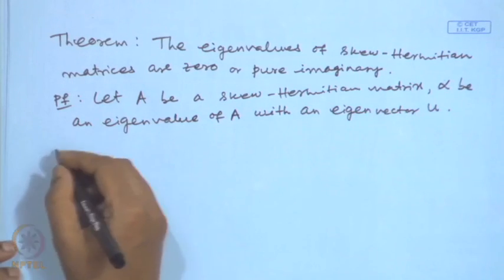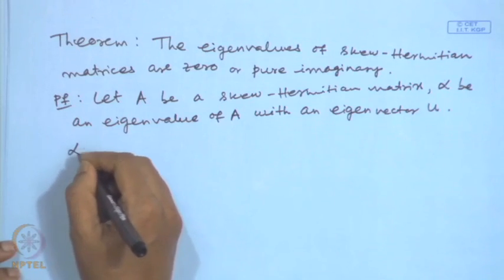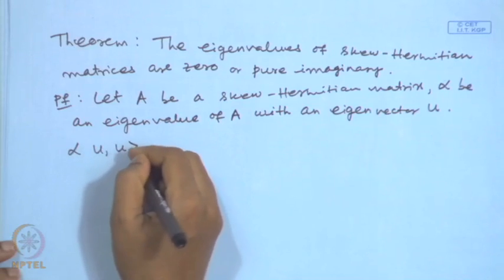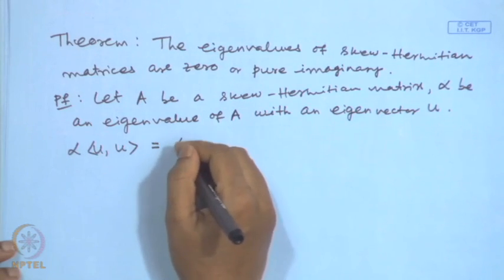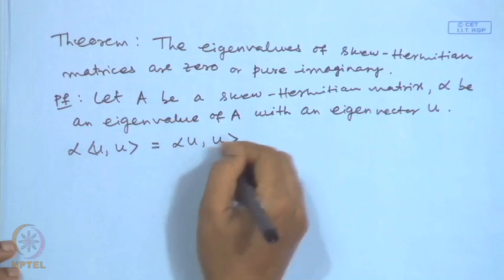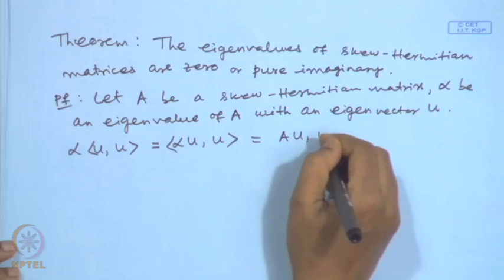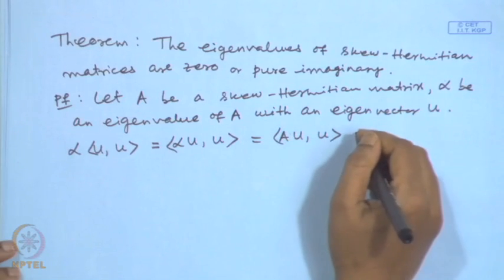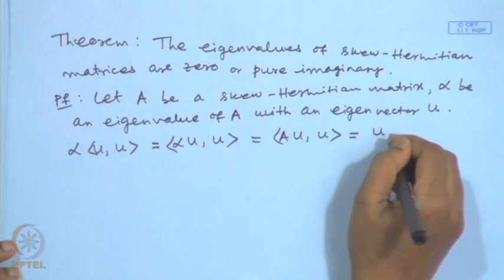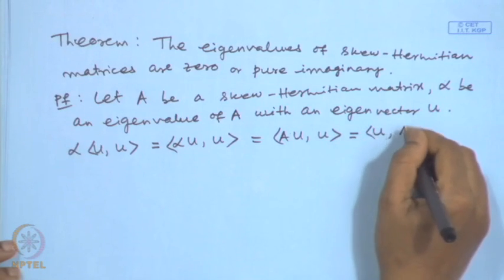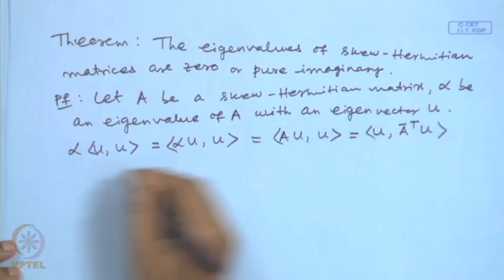Then we get in a similar way that alpha times the inner product of u with u is equal to the inner product of A u with u, and from that lemma we get the inner product of u with A conjugate transpose times u.